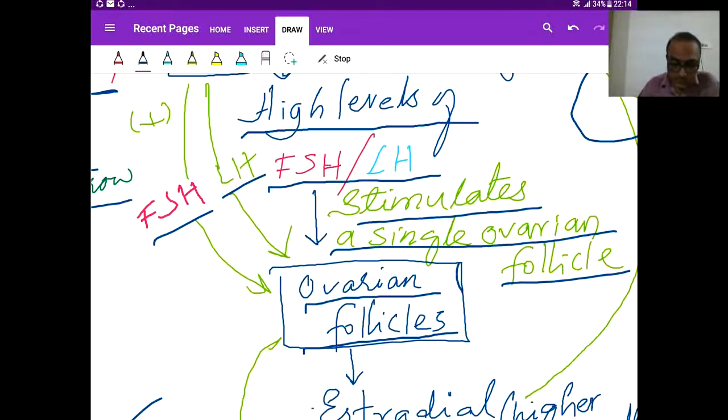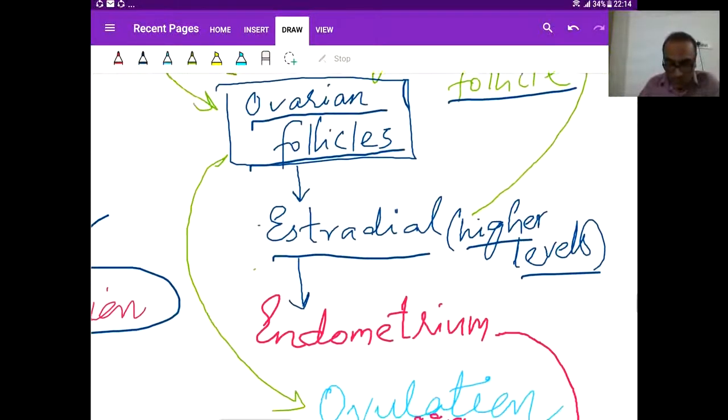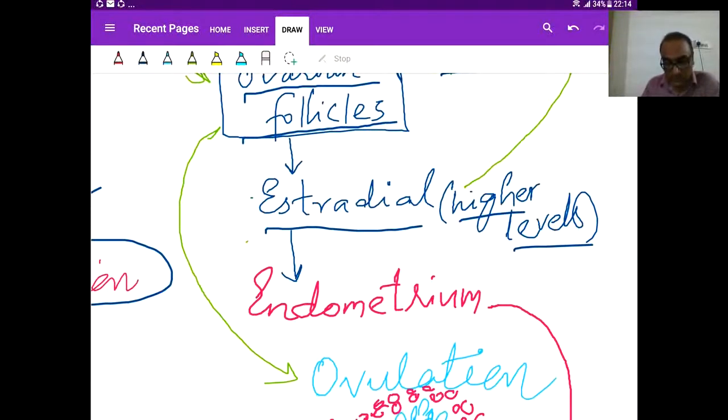Now, ovarian follicles go on producing estradiol in higher levels, and much of the estradiol or estrogen is produced from the fully mature Graafian follicle, because this is the follicular phase we are looking into.